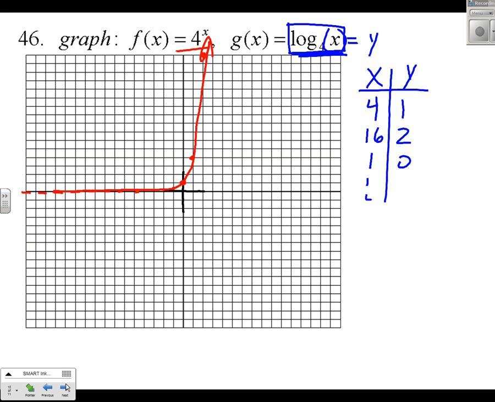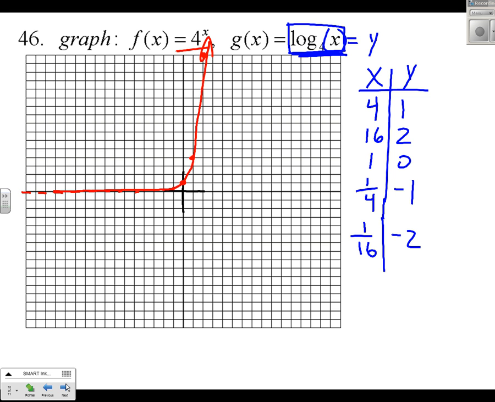How about 1/4? What's the exponent that turns 4 into 1/4? -1. Let's go one more. 1/16th. What's the exponent that turns 4 into 1/16th? That's 1 over 4 squared, or 4 to the -2nd.